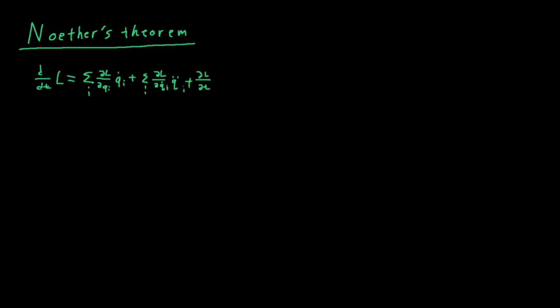By Lagrange's equation, for the first sum, this part right here is just d over dt of partial L over partial q prime_i, which is equal to d over dt of momentum, which we'll just represent as p prime.